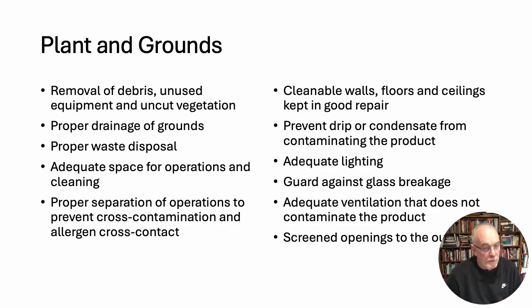How are you doing with regard to debris and unused equipment and uncut vegetation? Do you have trees leaning over on the building? Do you have equipment that's just hanging around that could be unsanitary, unsafe, that could be brought back into use by an untrained individual? You want to make sure, of course, we have proper drainage of the grounds.